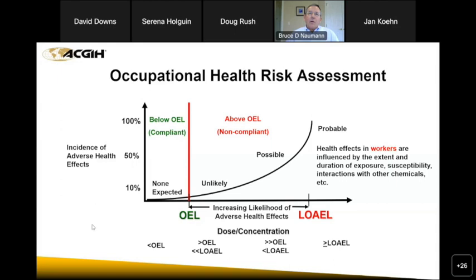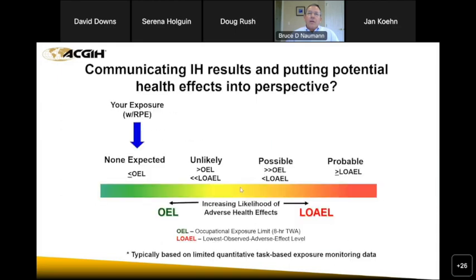So we came up with a simplified version to include in the slide deck when the industrial hygienist was communicating the results to the employees, which is a requirement. This is designed to help put the potential health effects into perspective.